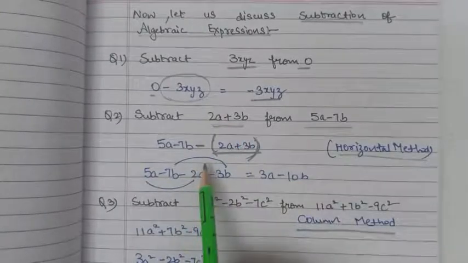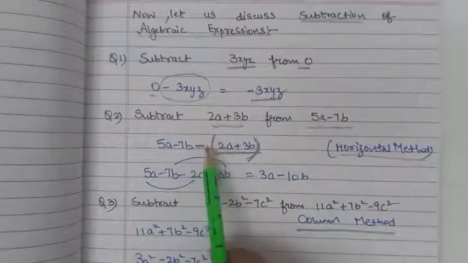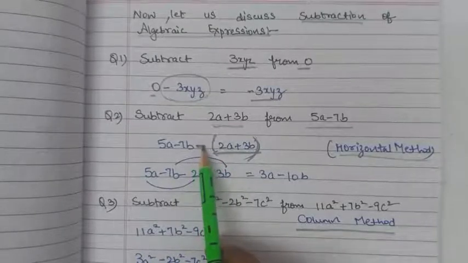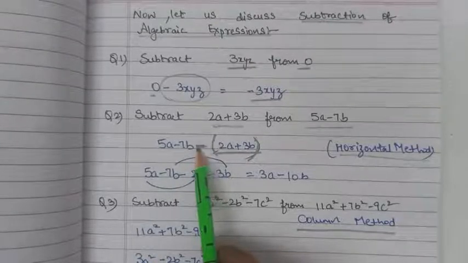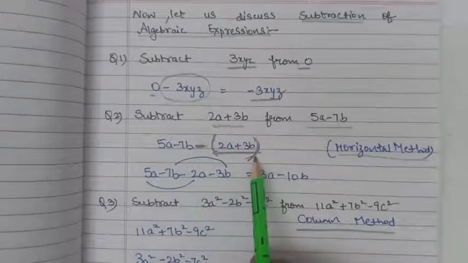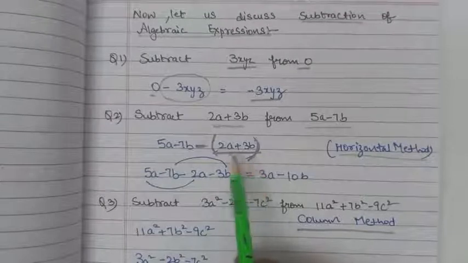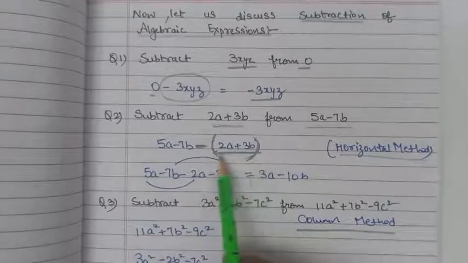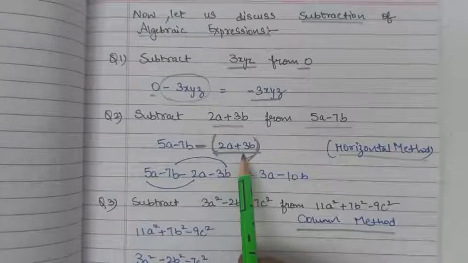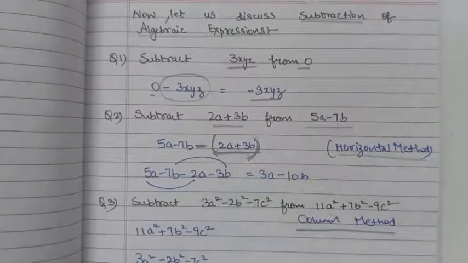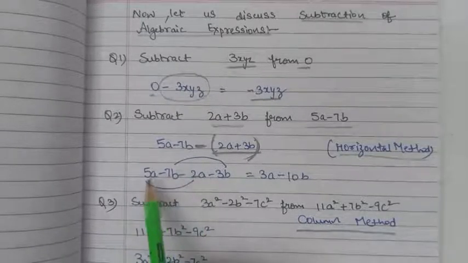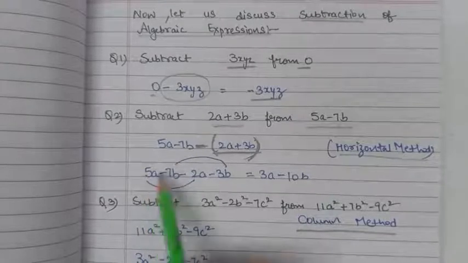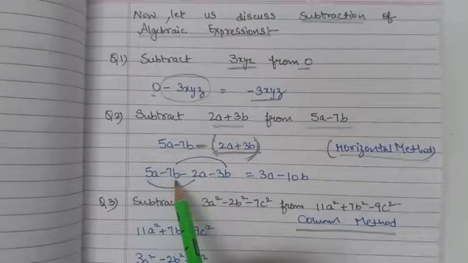Now we know that if there is a negative sign outside the bracket, listen very carefully, it means the internal signs will change. Change means plus will become minus and minus will become plus. So let us write 5a as such, minus 7b as such.